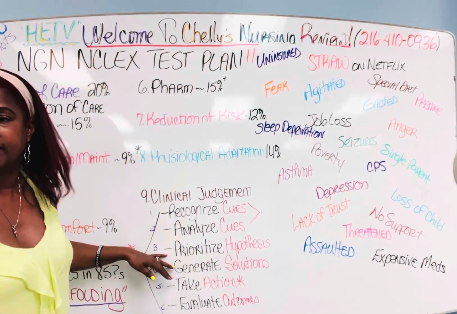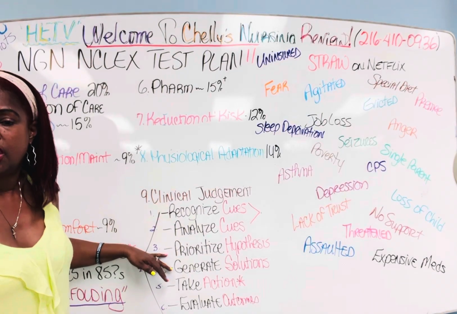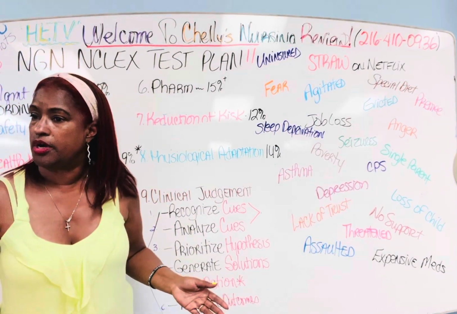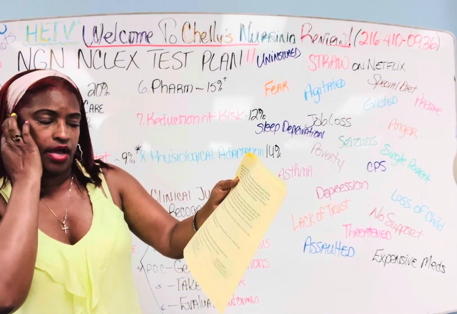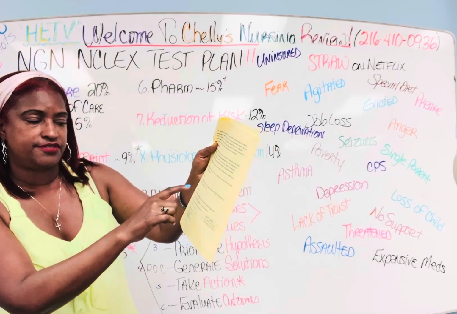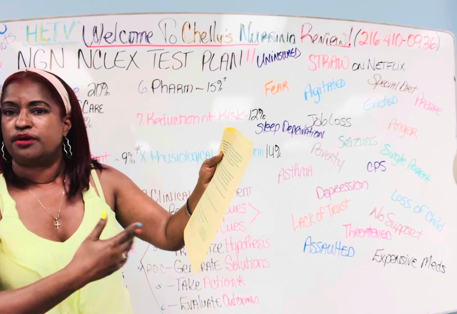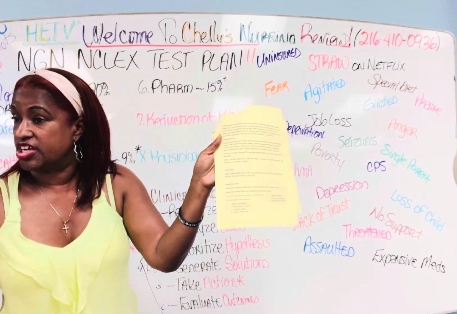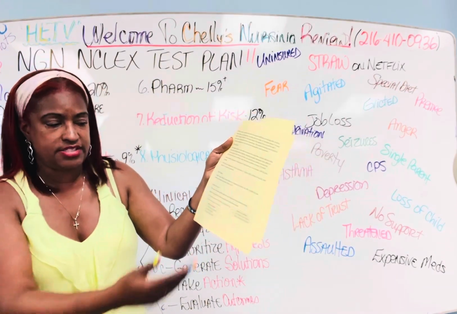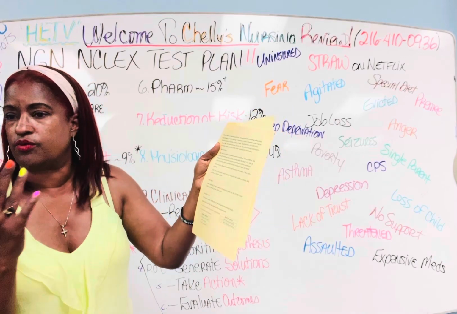Okay, now you're prioritizing hypotheses. You're trying to figure out, well, what is wrong with her? So on the third one, you will see question 3 of 6 is usually asking you to decide what kind of diagnosis the patient has. In this case, left-sided versus right-sided heart failure, whatever.